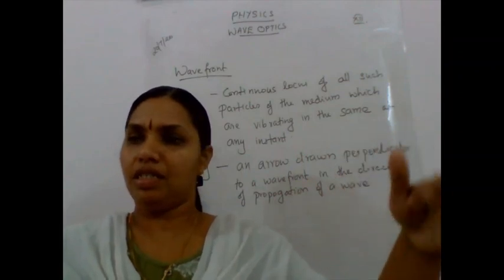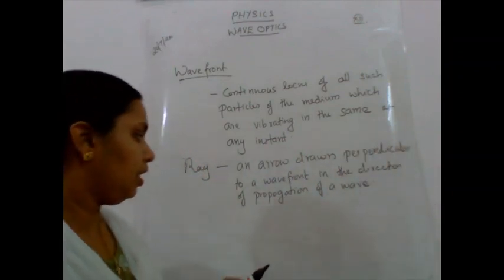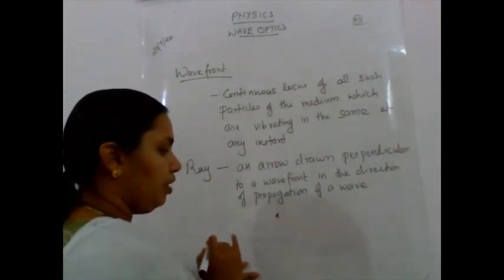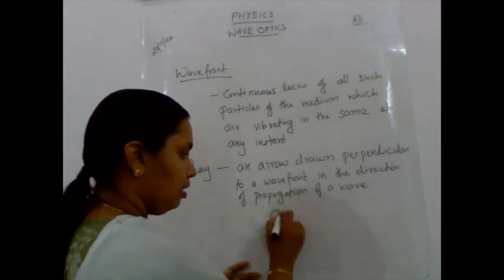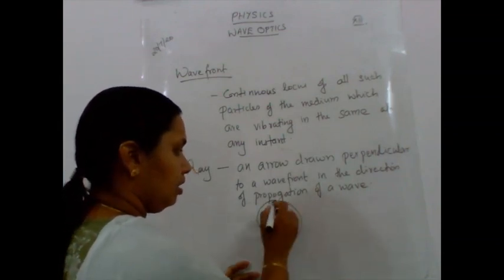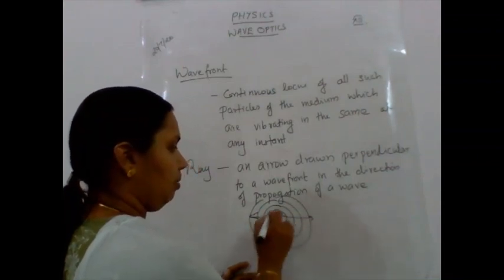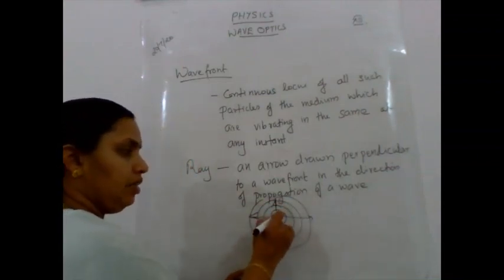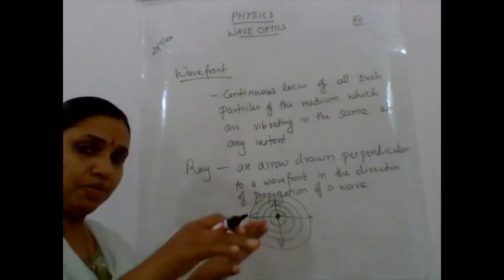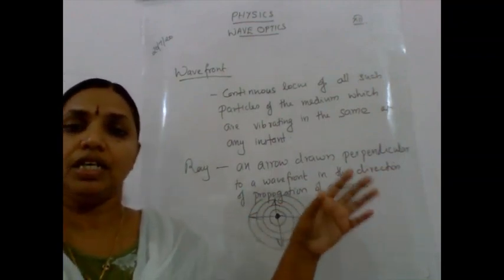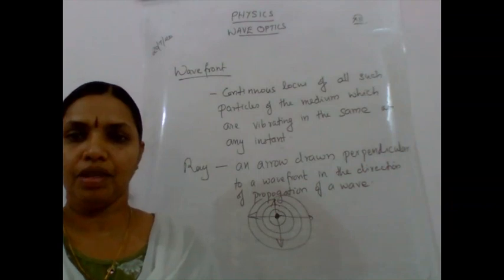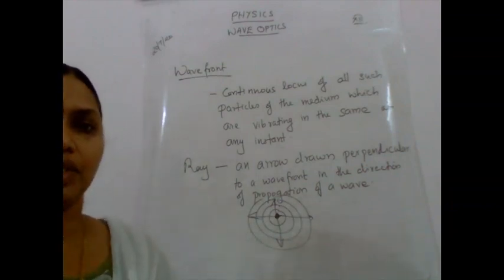Here, if this is the point where we drop the stone, concentric circles form, and energy is spreading in all directions. The energy which we applied here gets spread in all directions the same way. I think you have observed that.